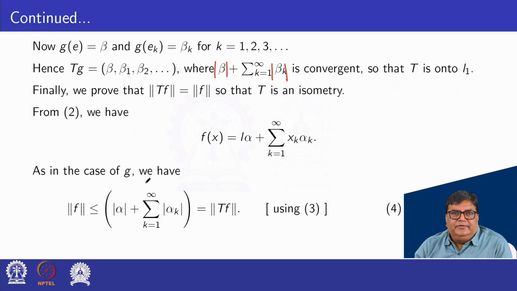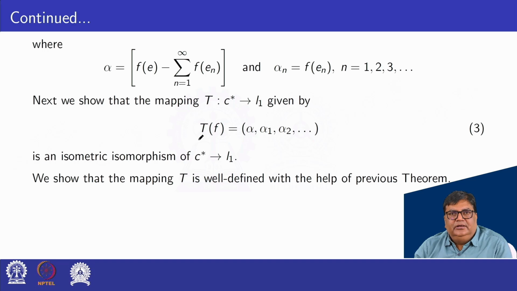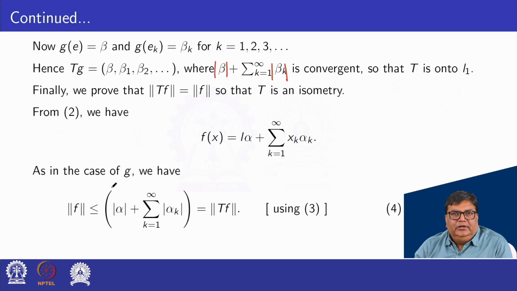As in the case of g, we have norm f less or equal to mod alpha plus summation k is equal to 1 to infinity mod alpha k, which is norm of Tf using equation 3. So norm of Tf is equal to mod alpha plus summation n is equal to 1 to infinity mod alpha n, because Tf is an element of L1. So this is norm of Tf. We can write equation 4.